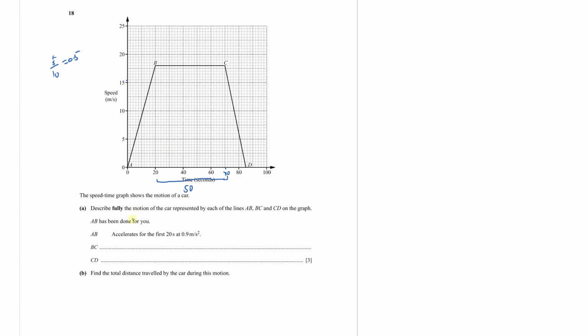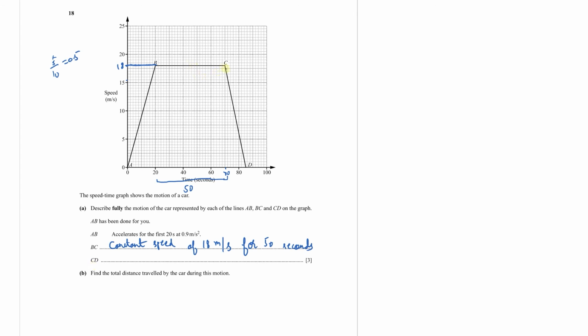So BC is constant speed of 18, because this one here is 18. So constant speed of 18 meter per second for how long? For 50 seconds.